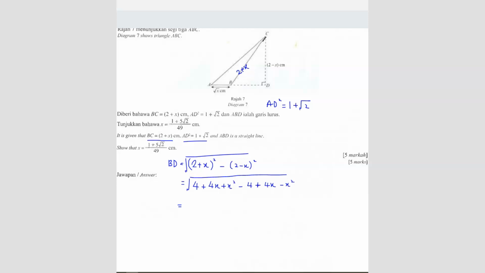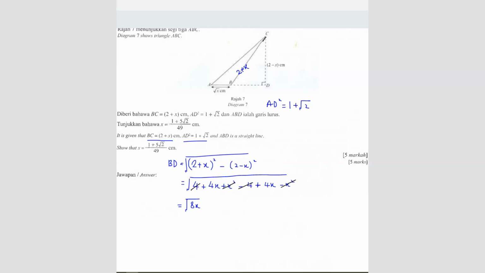Okay, so if you notice, you can actually cut them. So here 4 and negative 4 becomes 0. Here x square minus x square becomes 0. So the only thing you have left is 8x. So you have square root 8x. Okay, so that is BD.